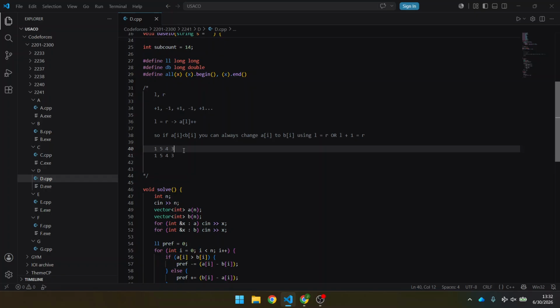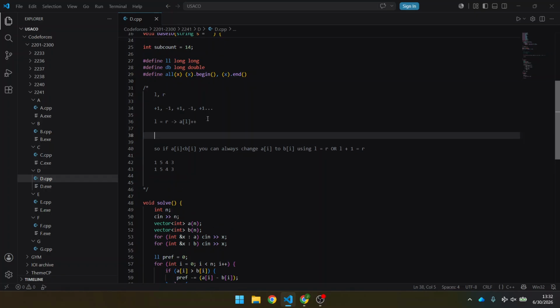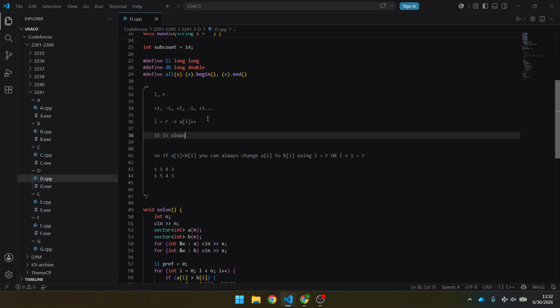So, let's see. How do I explain it? Okay. If AI is less than BI, right? First of all, because we can do L plus plus for any value of A, it is always better to have smaller, because the smaller it is, the better chance it has of being smaller than BI.